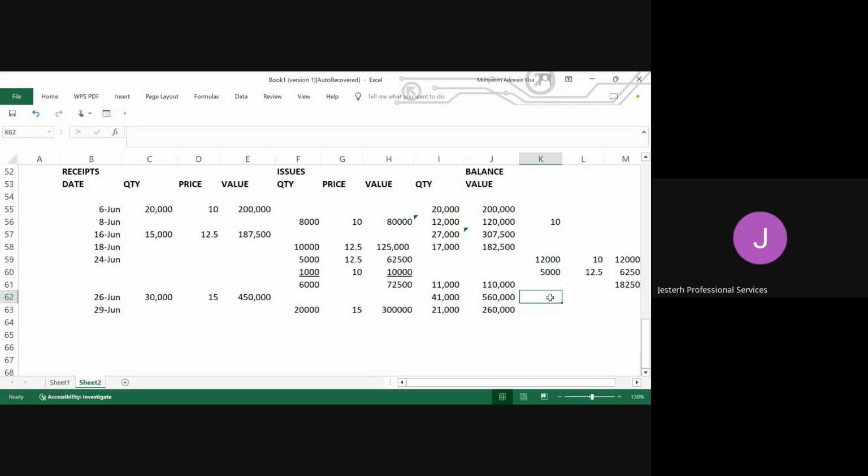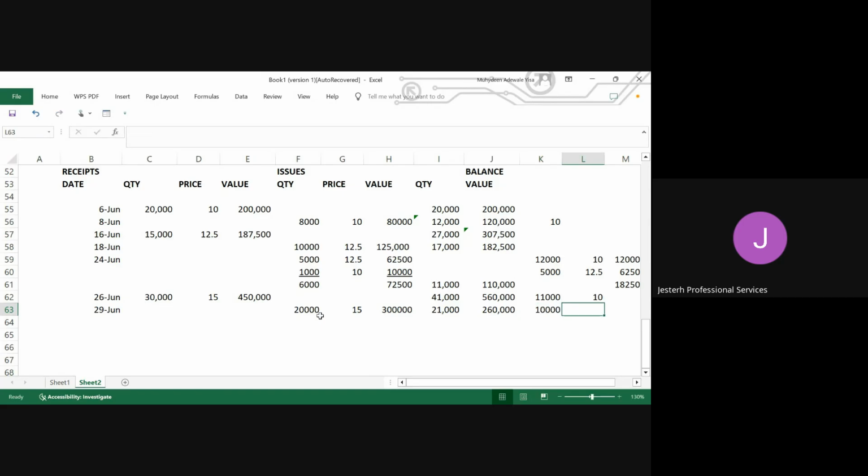Now, the old stock, which is the one on the 6th of June, is still remaining 11,000 at the rate of 10 naira. The one we purchased on the 26th, which is 30,000, we were able to issue out 20,000 on the 29th from it, which means it's still remaining 10,000.